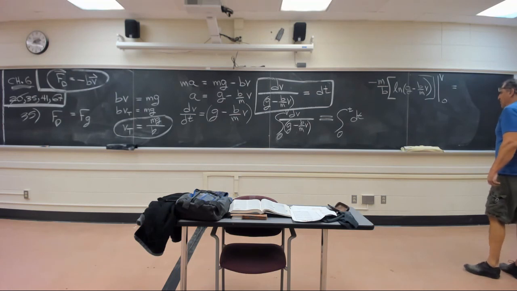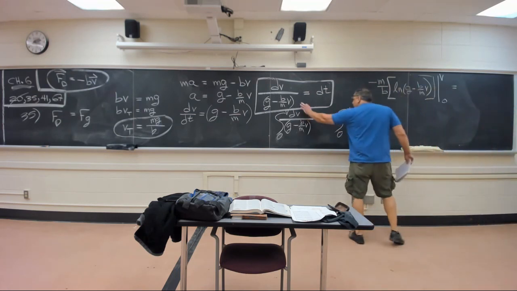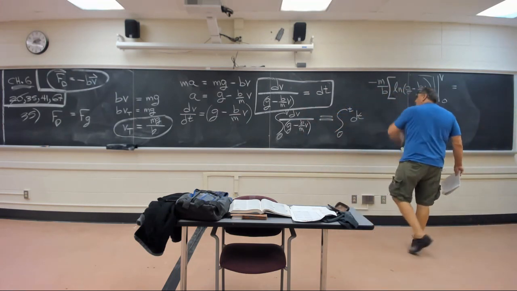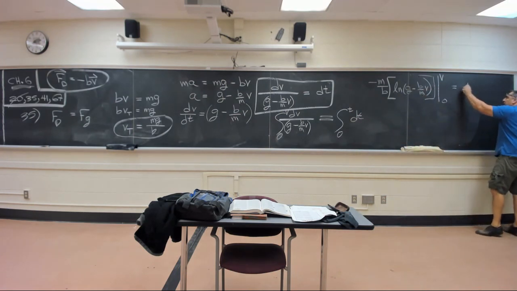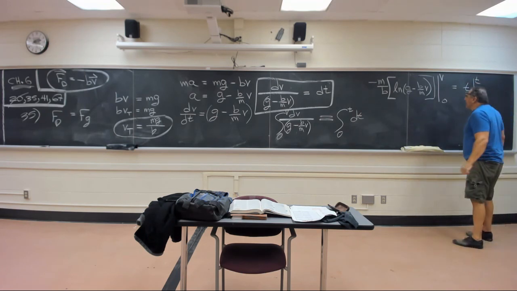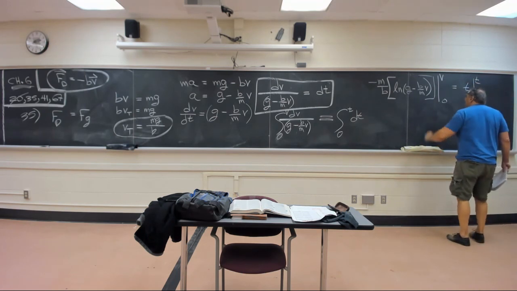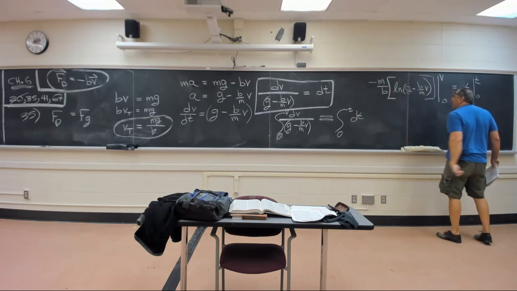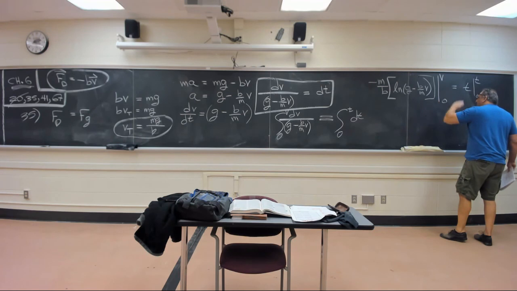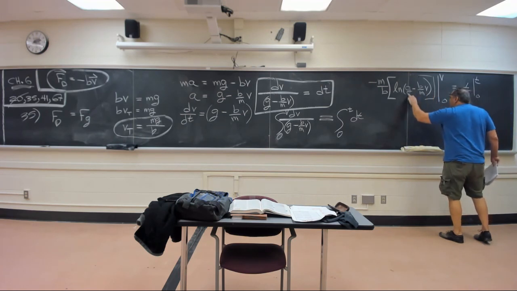When we do this integral, we're getting something pretty easy. When you evaluate this thing, you put the v here, and yeah, it looks good to me. And then the other way, you put the 0 here. 0 times here is just ln g.